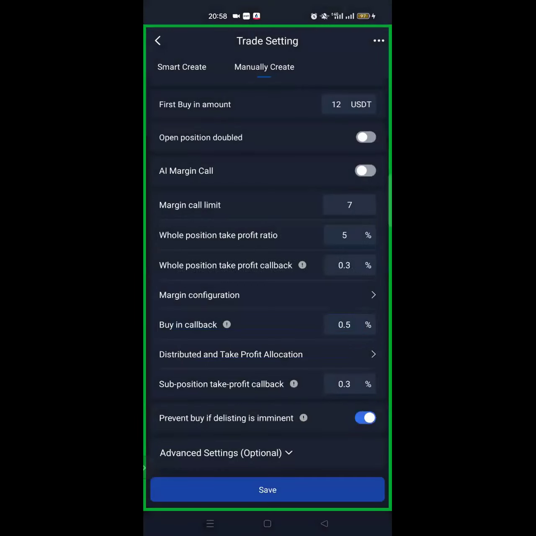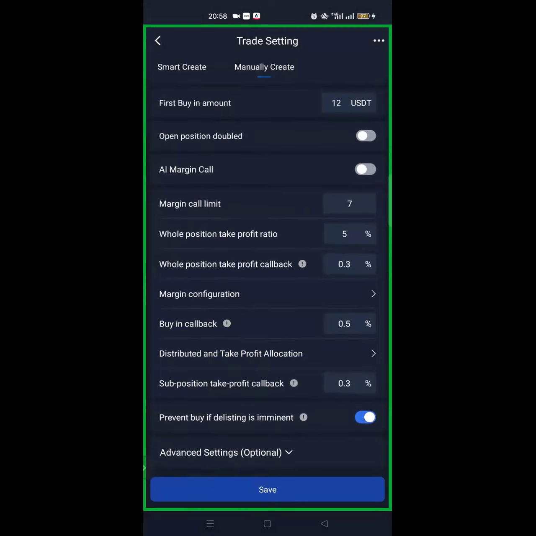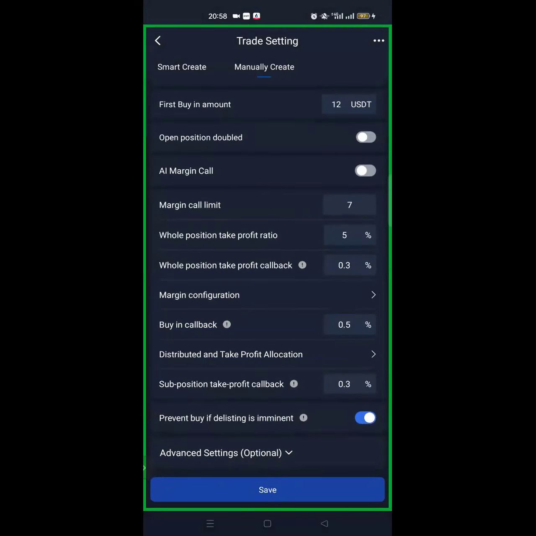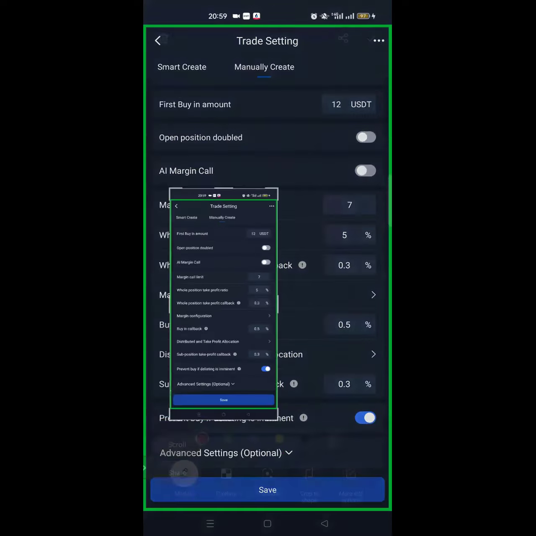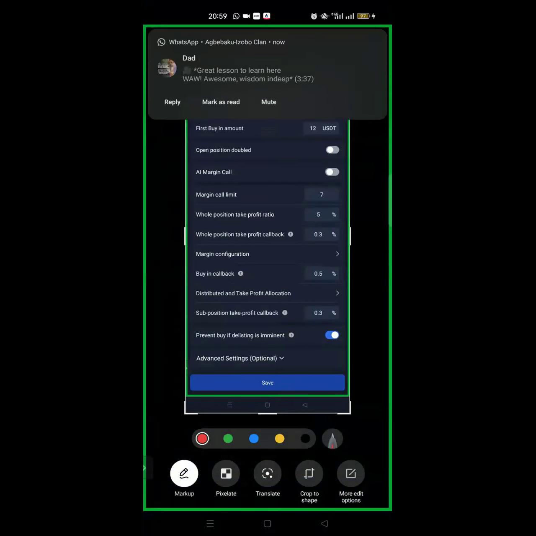Now let me explain. Again, this whole position take profit callback controls your final sell. It controls your first buy, your first call, your second call, your third call, and your fourth call.